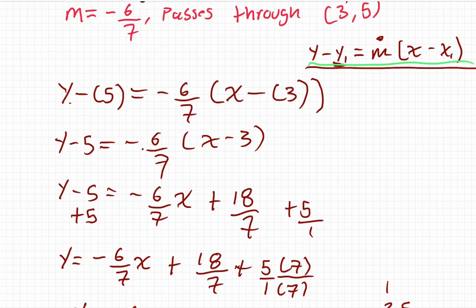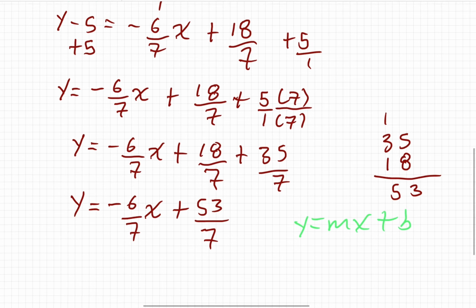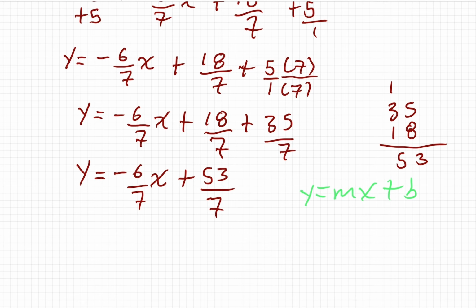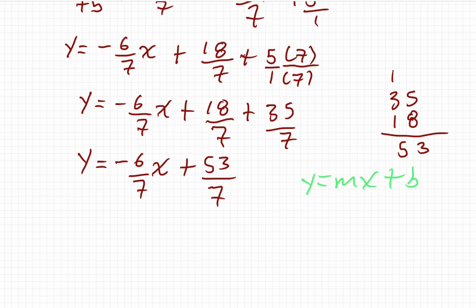Remember, this is always your x, this is always your y. And I think the tricky part here was just to simplify this 5, because you had to turn it into a fraction. But other than that, this will be our solution.